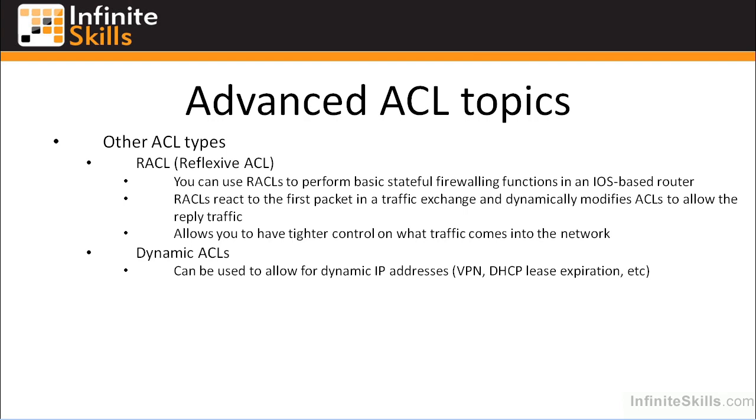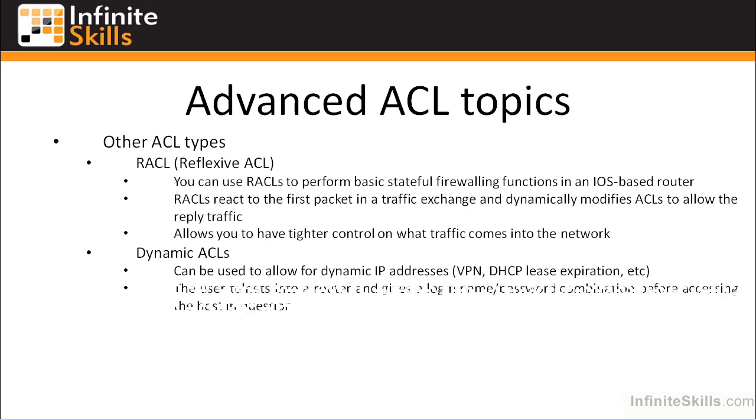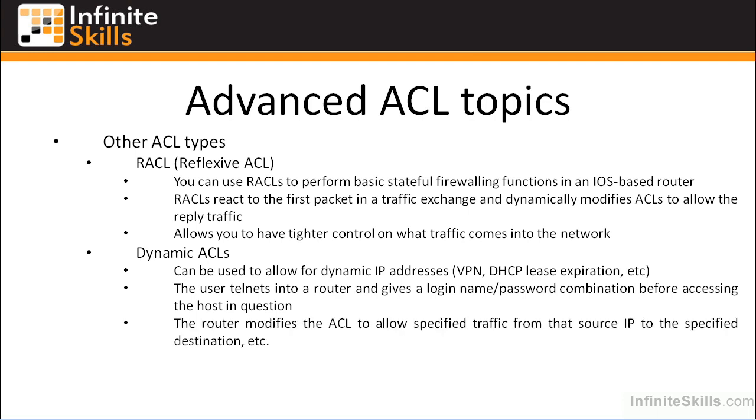And after 30 minutes of searching, you figure out, oh, their IP address changed, and you have to go change the ACL. Essentially, dynamic ACLs tell a user to telnet into the router and give a specific login name and password. The router then sees what IP address you're coming from and modifies the ACL in question to allow your traffic for a period of time. And once you've stopped using the host, your traffic times out and that ACL is removed.